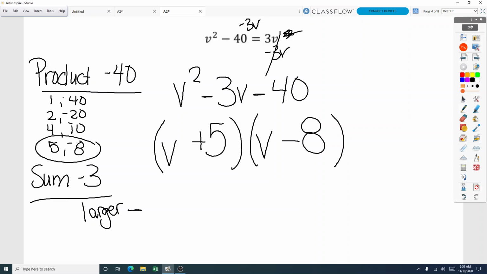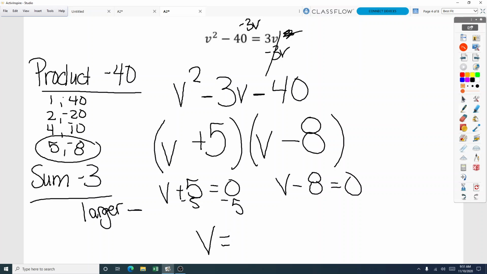This is what we've done for days. Now I've got my factors. I've just got to add a step today, and I'm going to set these both equal to 0, and I'm going to solve. So to solve this, I subtract the 5. So v equals -5.